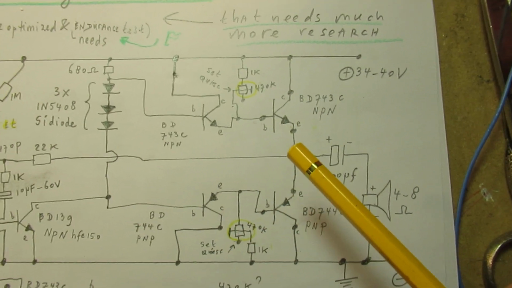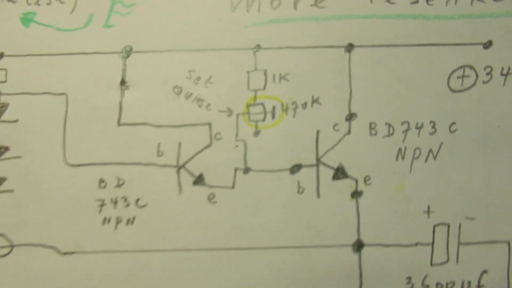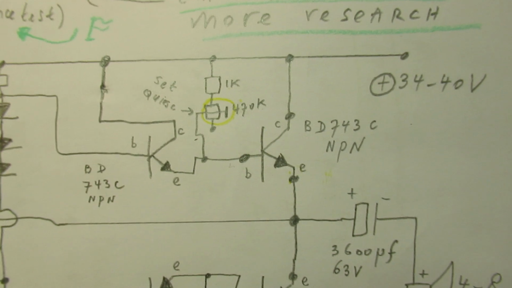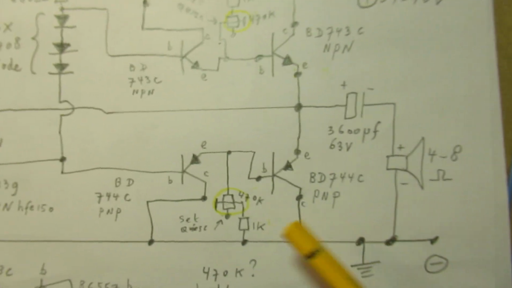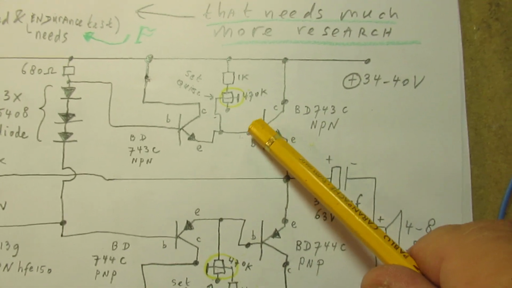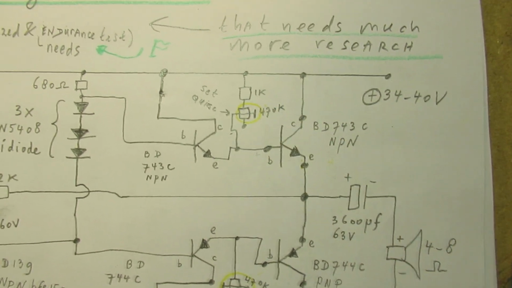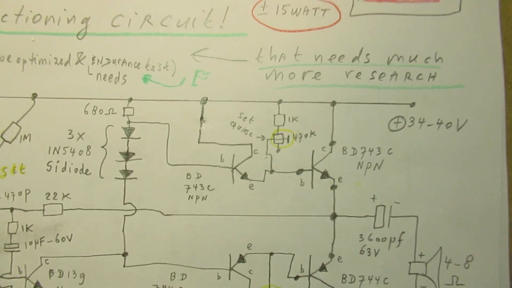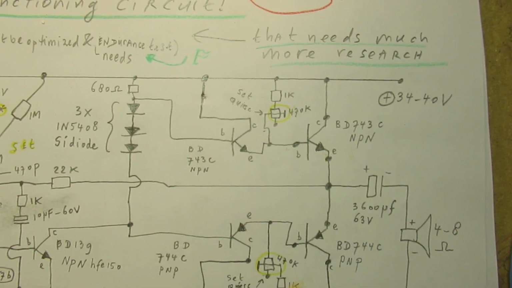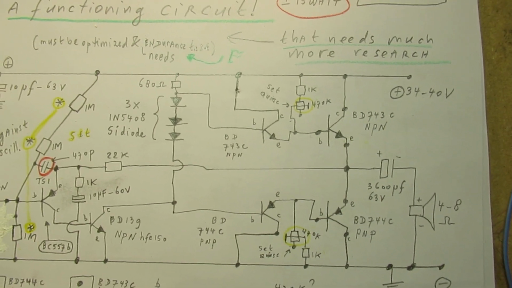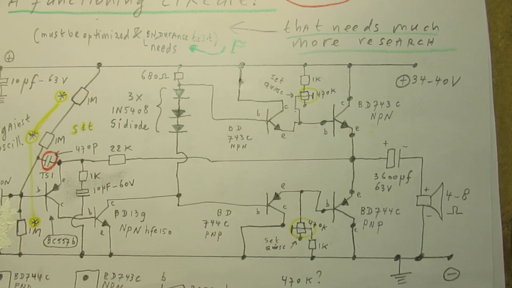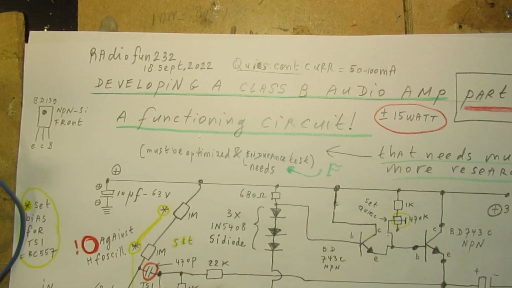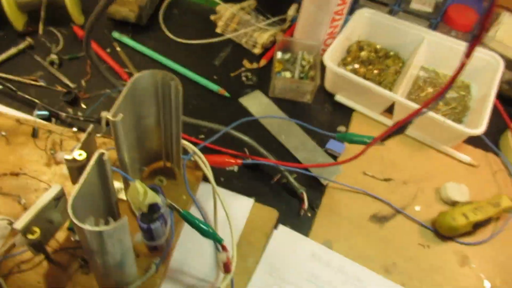Anyway, you can set here with that 470K potentiometer the quiescent current, and here also, so there are 2 possibilities. When you drive them up too far, the current through the end transistors will get extremely high. That can damage your end transistors, but I've used on purpose very sturdy transistors to make this circuit. So anyway, you can do experiments. Let's see and listen and look.